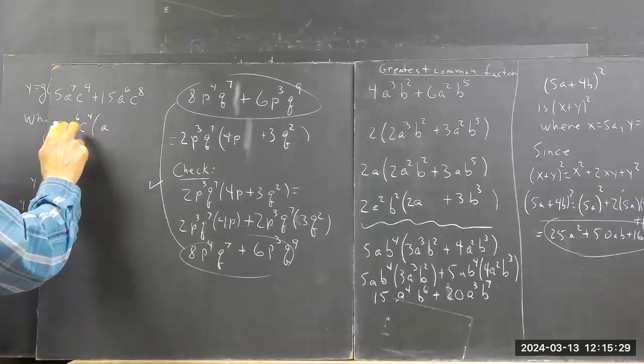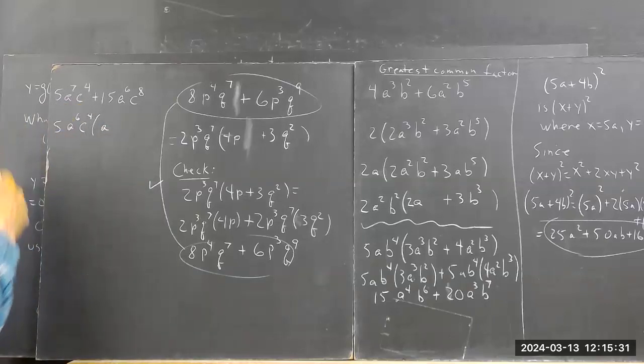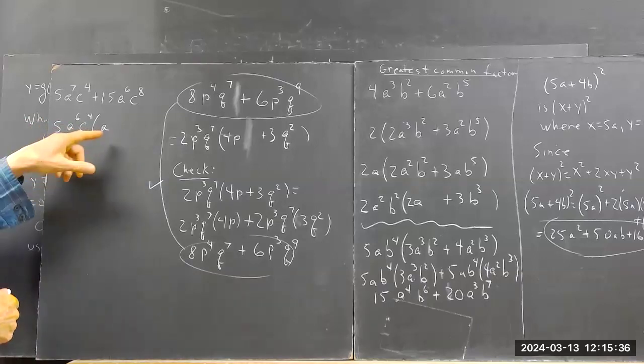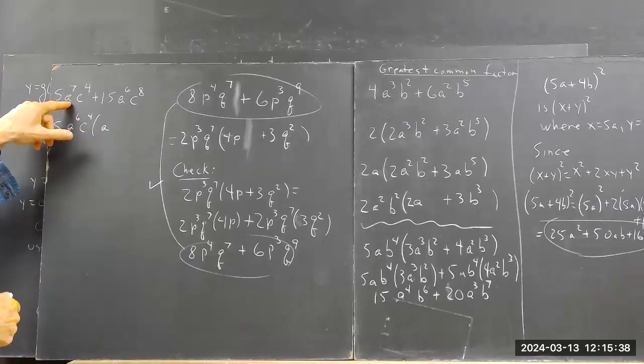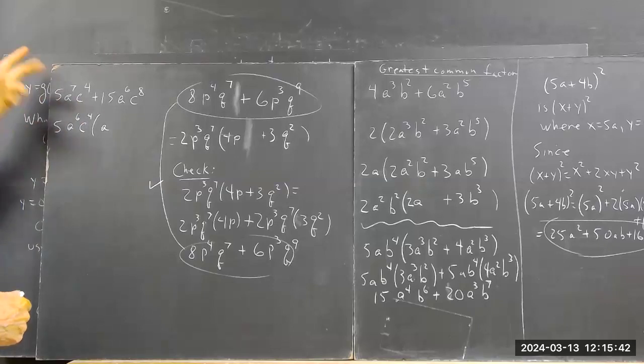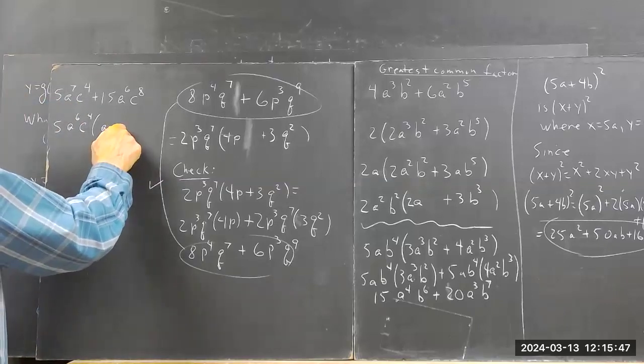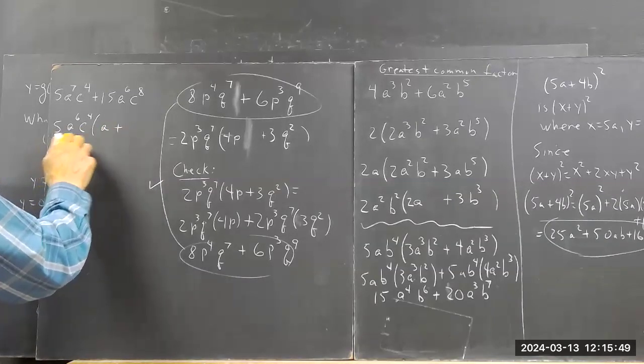And then I don't need any c's. If I multiply 5, a to the 6th, c to the 4th by a, the a multiplies a to the 6th to give me a to the 7th. I've already got c to the 4th, and I've already got 5.